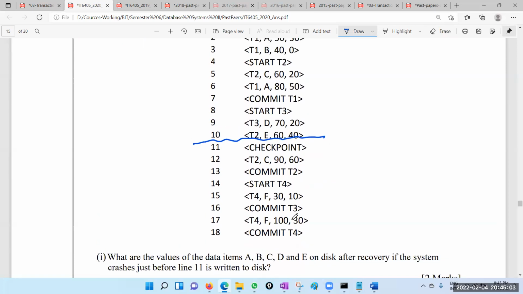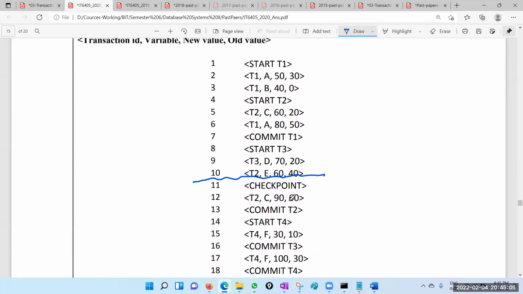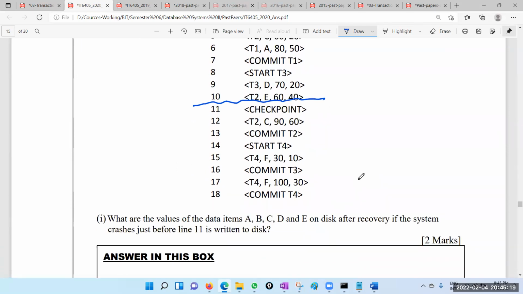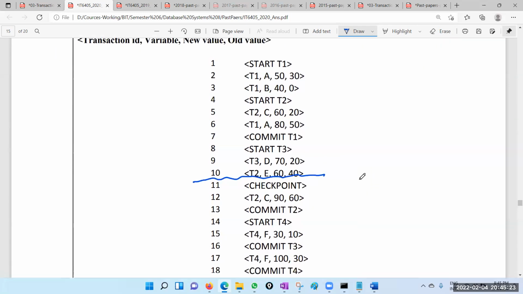After recovery, do it. So forget about the later entries because it has crashed. Assume that those entries are not there. It has crashed at this point. What are the values of A, B, C, D, E?